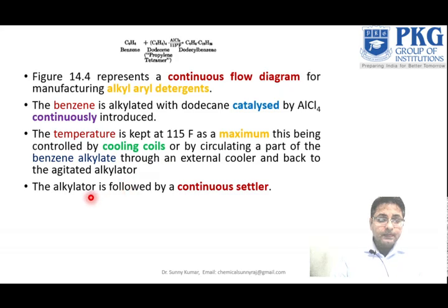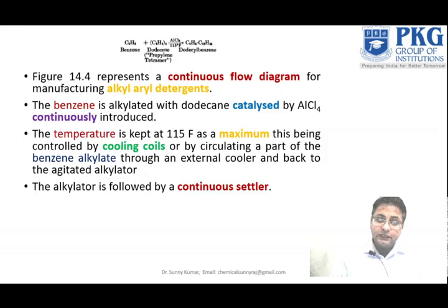The alkylator is followed by a continuous settler. We have seen the temperature is kept at 115 degrees and cooling coils will be used, and we circulate part of the benzene alkylate through the external cooler and back to the agitated alkylator.